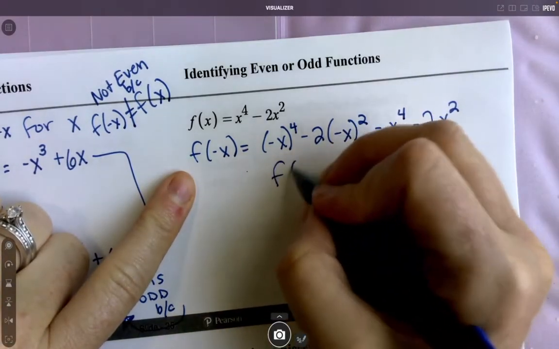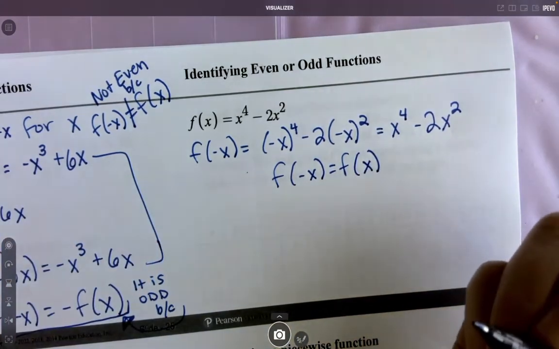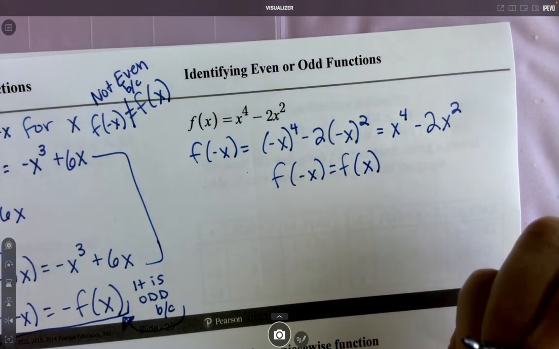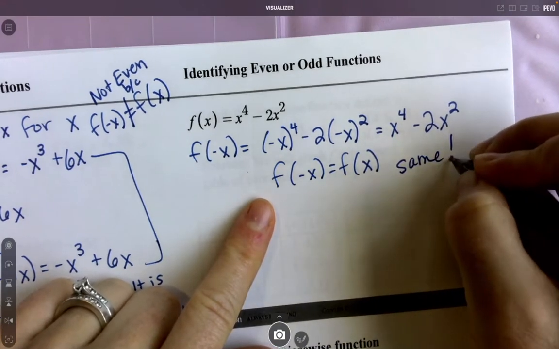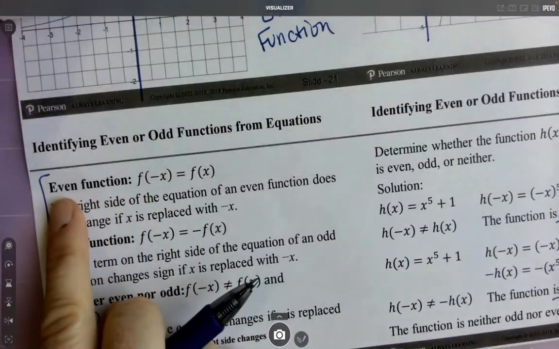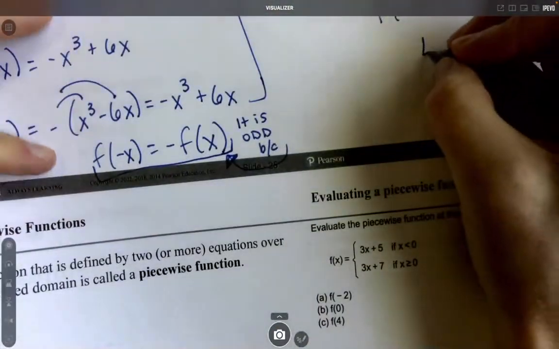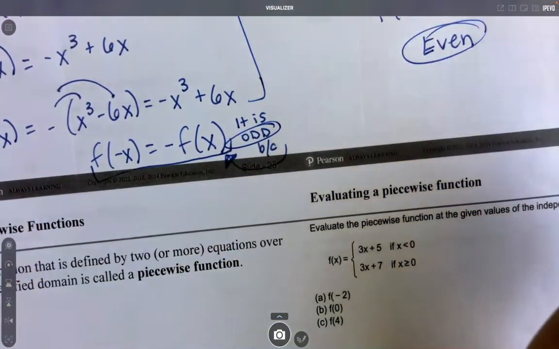So f of negative x equals f of x. So if it's the same, that means it is an even function. This one was odd, this one's even.